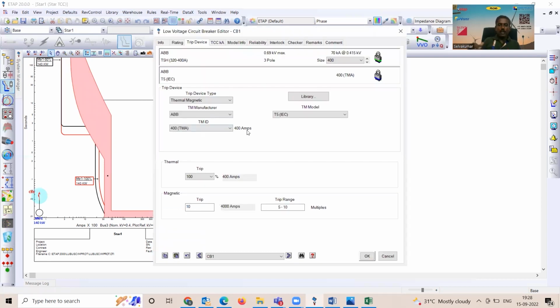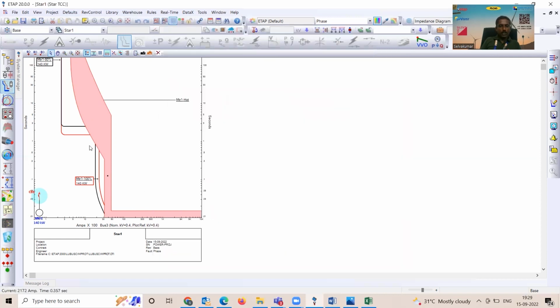Even if you go with a 400 amps thermal magnetic release, sometimes it will trip during starting. That message, I guess, is pretty much clear from this region. It trips, and this is also very clear from this image.